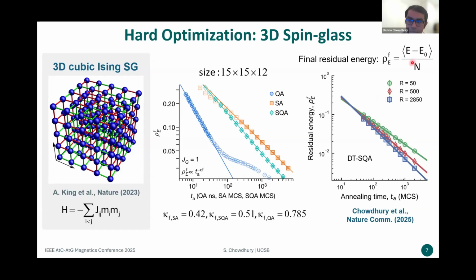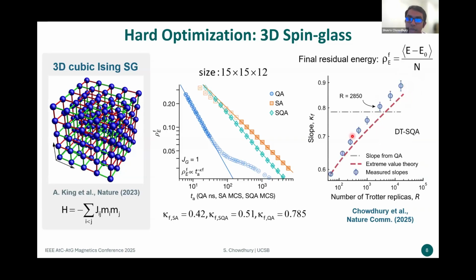We also take the best result after this annealing, and we see that there is a change in slope with the number of replicas. This R is the number of replicas we use. When we change the replicas gradually, the slope also increases gradually, and around 2800 replicas we match the slope of the quantum annealer that was reported in the previous paper.